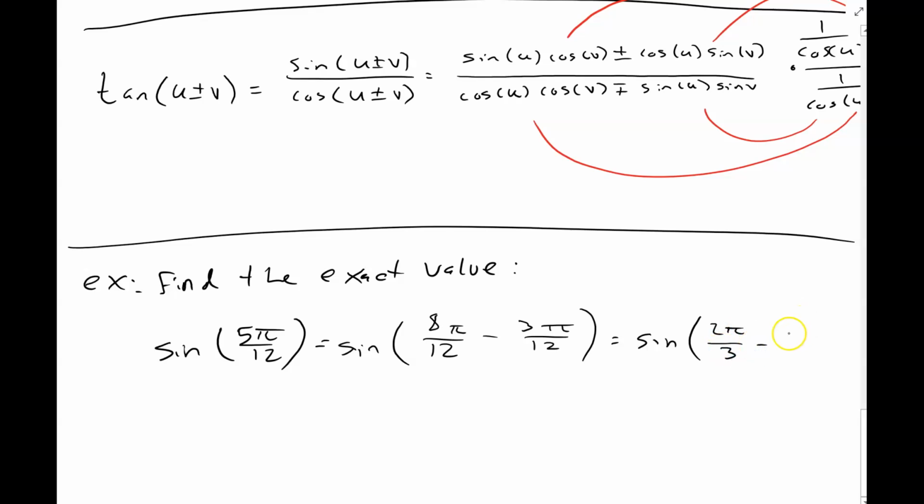And 3/12 pi reduces to pi over 4. Those are both unit circle values. So it's just about picking the right difference there. As long as you get them to reduce down so that they're either 1/3, 4ths, or 6ths, you're fine.